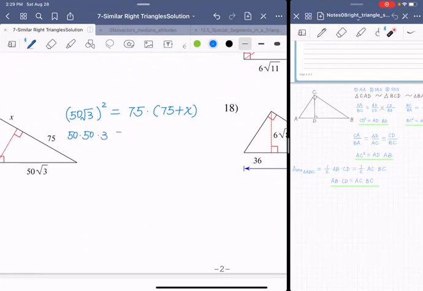Yeah. This is 150. This is 75. 150 over 75 is how much? 2. There you go.